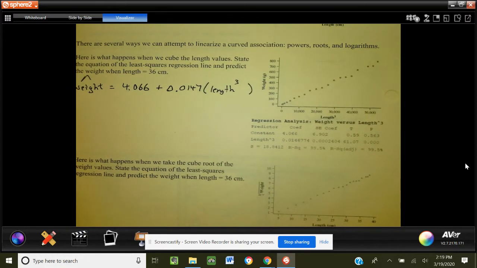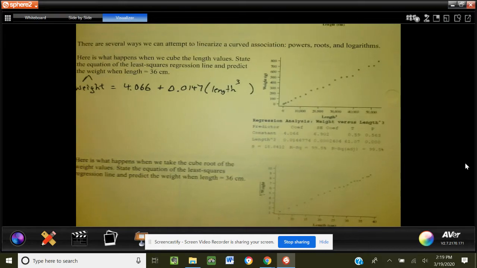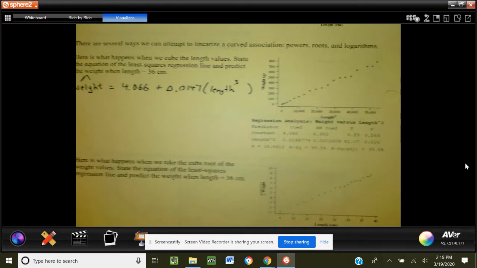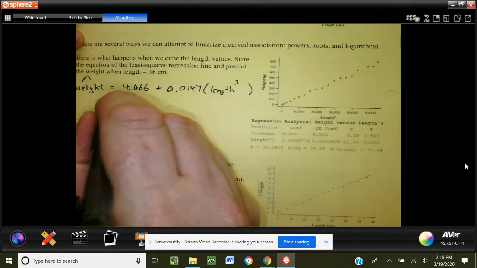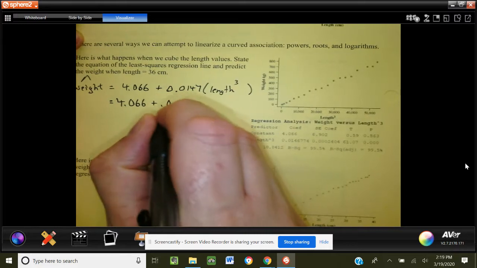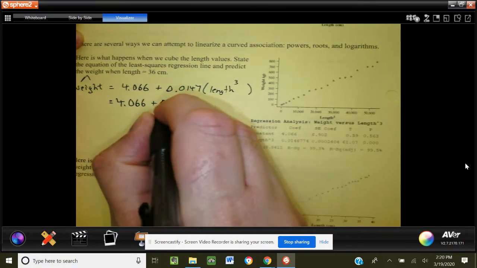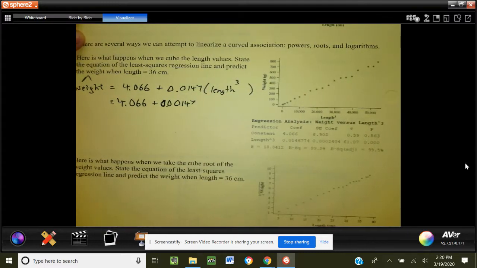Now, what if we want to make predictions? So here's our linear model, our equation, our LSRL. It says here, predict the weight when the length is 36 centimeters. Well, this is pretty easy. We're just going to plug in 36 for the length.